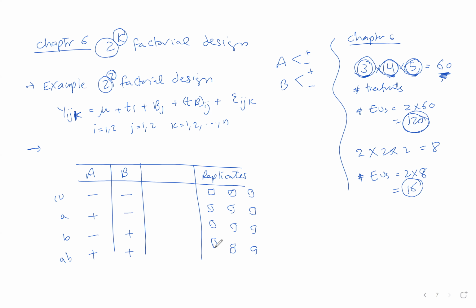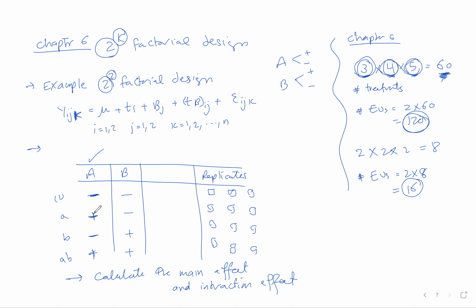So how do I estimate the main effect and interaction effect? You need to be familiar with how to calculate the main effect and interaction effect. It's very simple: the average of pluses minus the average of minuses. If I would like to calculate the main effect of A, it has 2 minuses and 2 pluses.